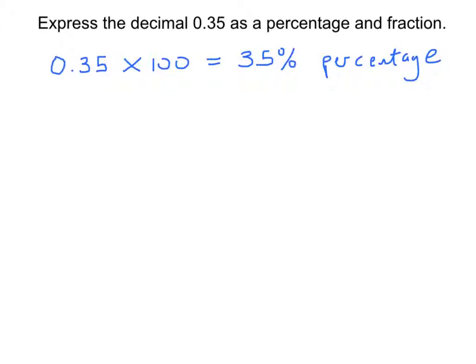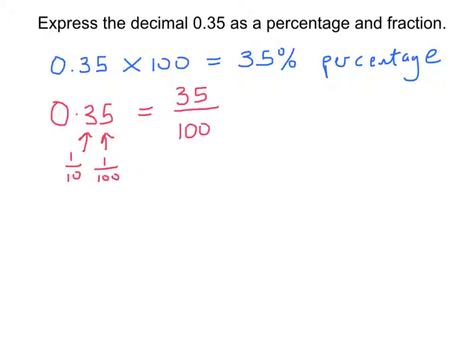Now let's convert the decimal 0.35 to a fraction. Let's have a look at this number before we start. This is the placeholder for tenths. This here is the placeholder for 100ths. So we've got 3 tenths and 5 100ths, so overall we have 35 100ths. Written as a fraction, that's 35 divided by 100.